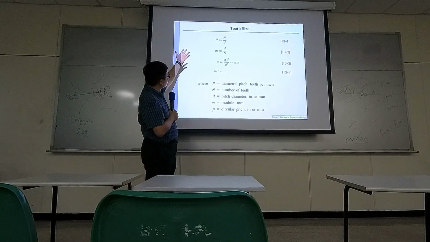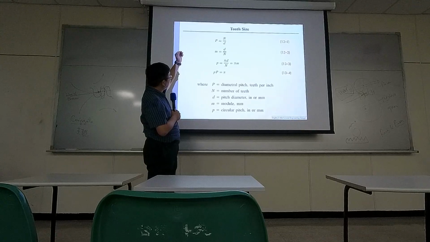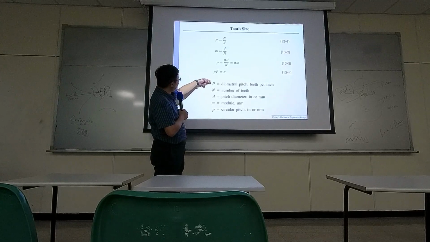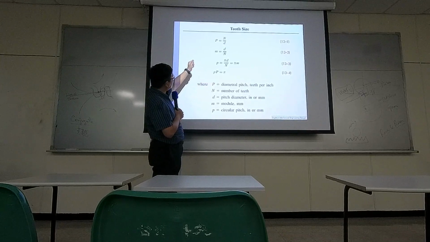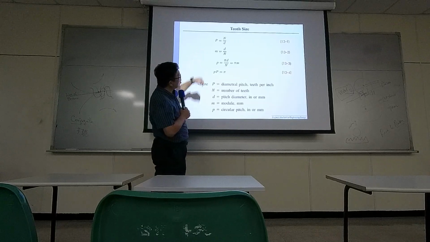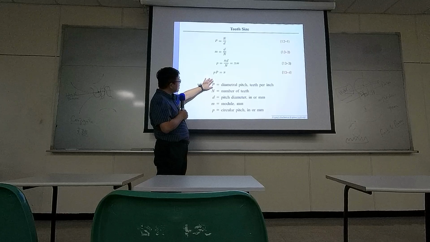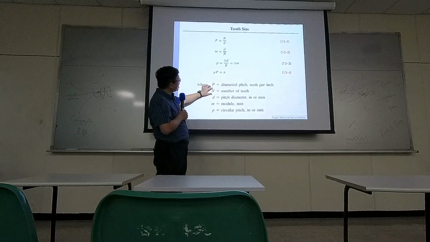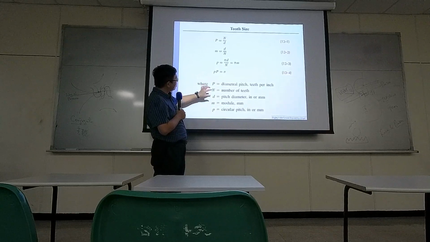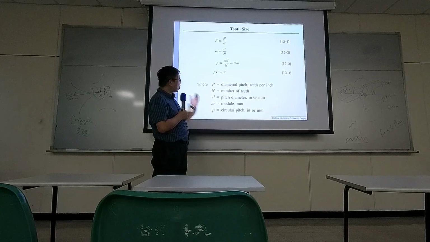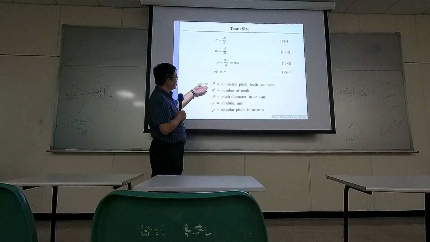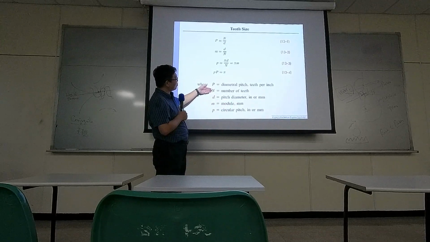So what are capital P and small n? Let's just check on the definition. They are related based on the two equations on the top. So capital P is number of teeth over pitch diameter. So per pitch diameter, how many teeth you have.